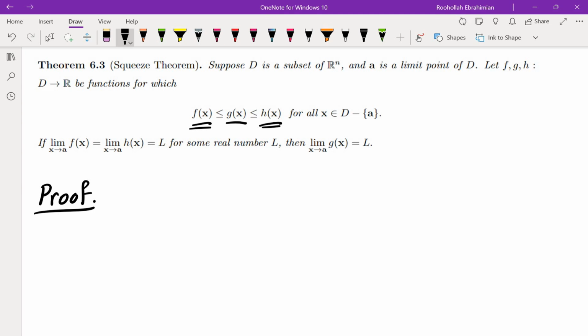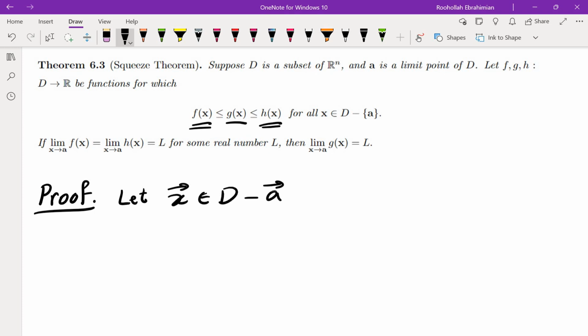Okay, so how do we prove this one? So again, what we are trying to do is show that the distance between g of x and L is small. So let's look at x in D minus {a}.